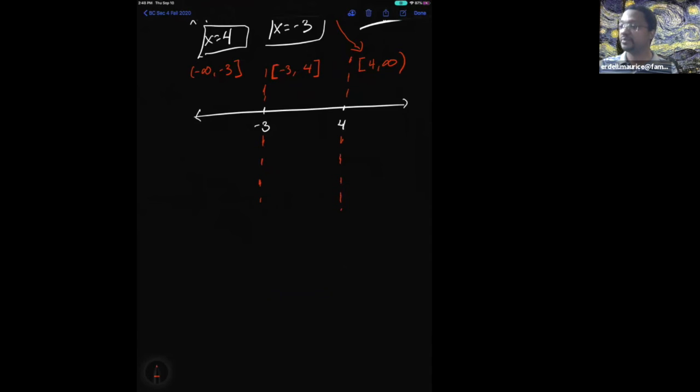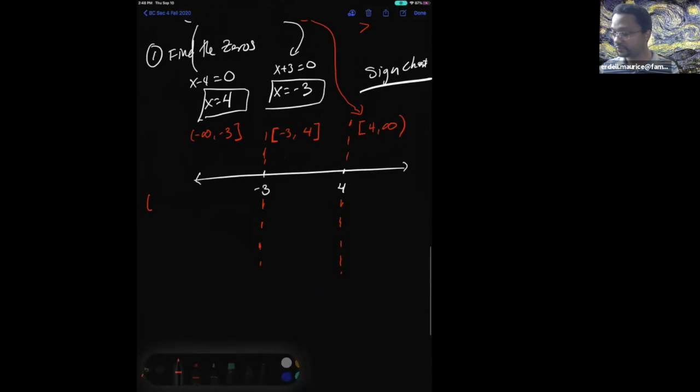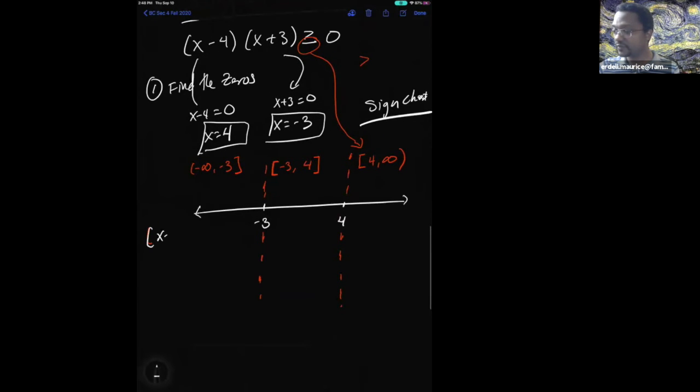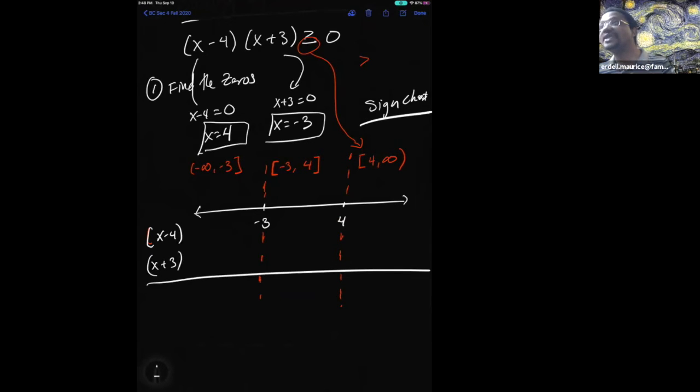So with that being said, I now put over here my 2 factors. My first factor was x minus 4, and my second factor is x plus 3. I have to determine the sign of those factors in each of the regions.